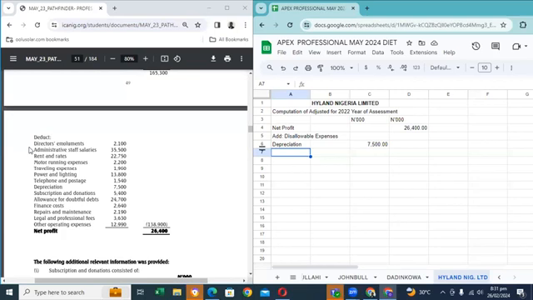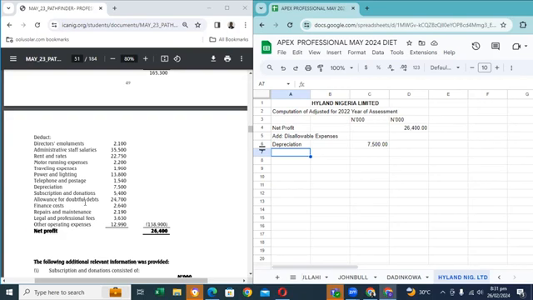Director's salary is allowed. Administrative salary is allowed. Rent and rate is allowed. Motoring expense is allowed. Traveling expenses is allowed. Power and lighting is allowed. Phone and postage is allowed. Depreciation is disallowed. Subscription and donations is allowed.